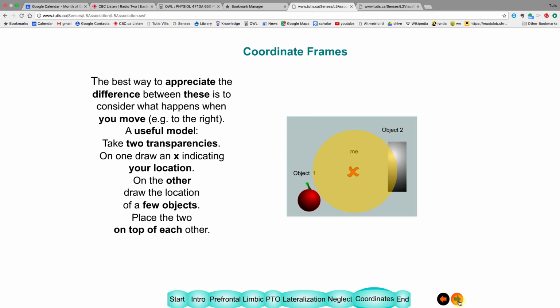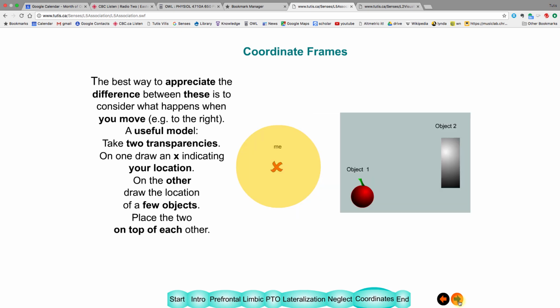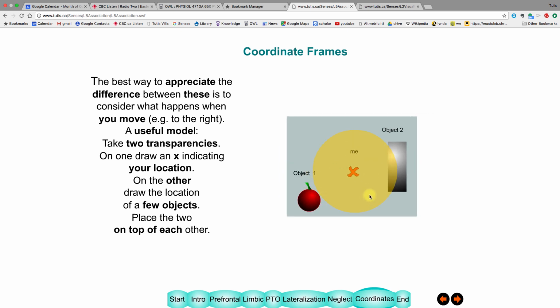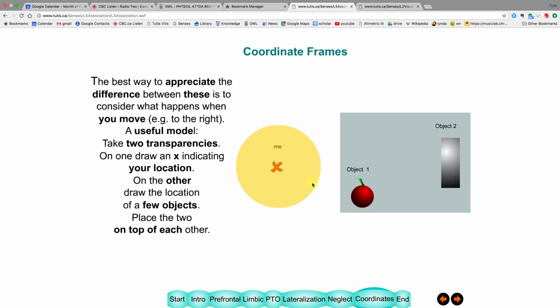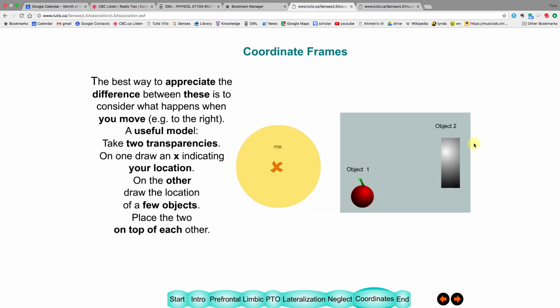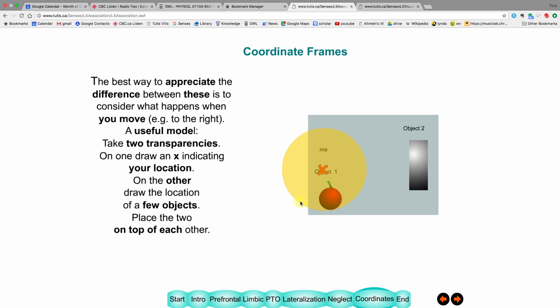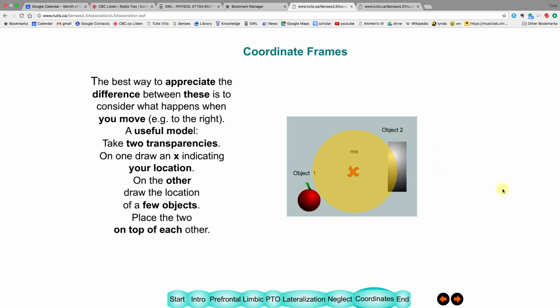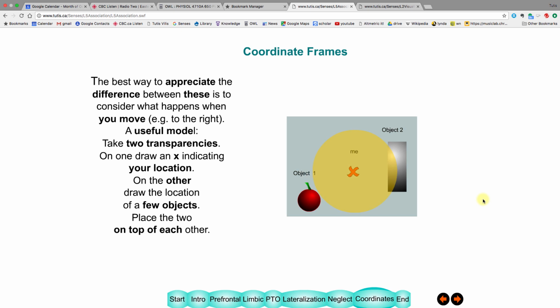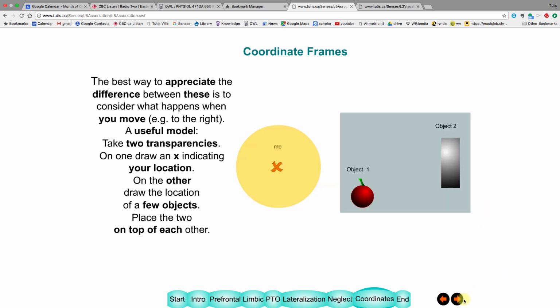Now, the best way of thinking about these things is you draw a transparency with me and an X for where me is, or a transparency with the location of the objects. And you can move them around and see how each one changes with respect to each other.